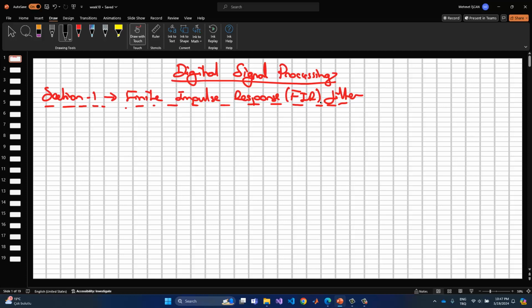what's the difference between the IIR, infinite impulse response filter? We must first say that up to now we have dealt with the IIR filter, just like the low pass digital filter designed in the previous lecture.